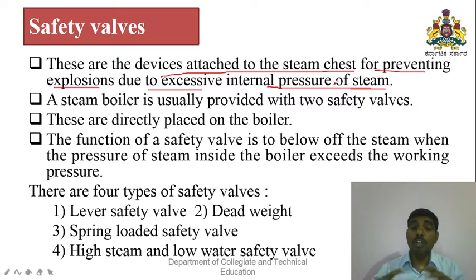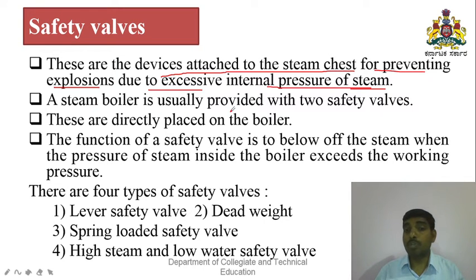The safety valve holds off the explosion due to internal pressure by lifting the valve to safeguard the boiler. So this is a very important device for any boiler. A safety valve is a must for all boilers.